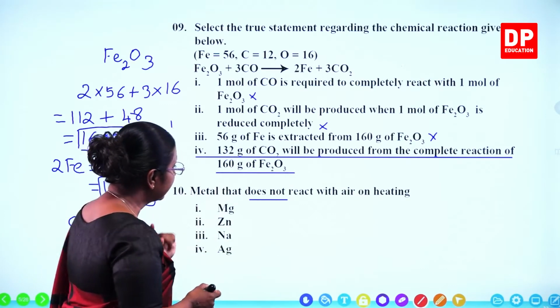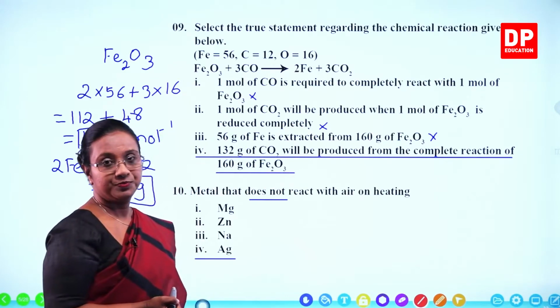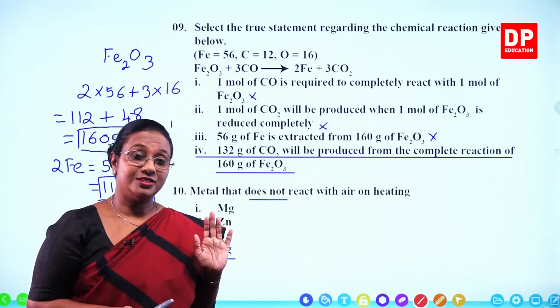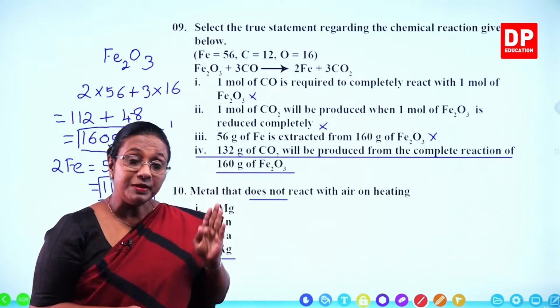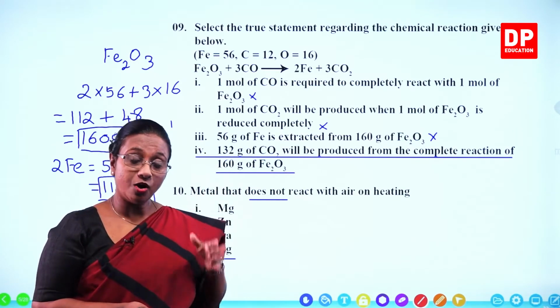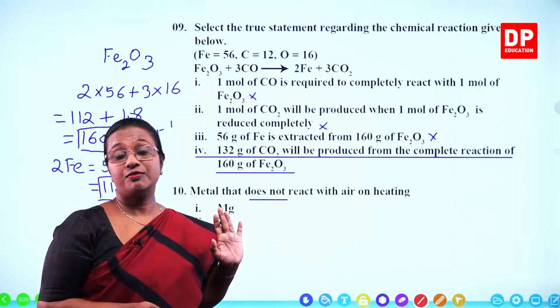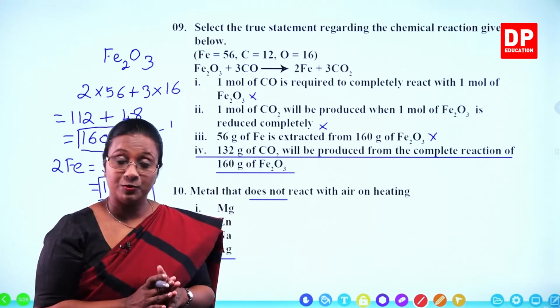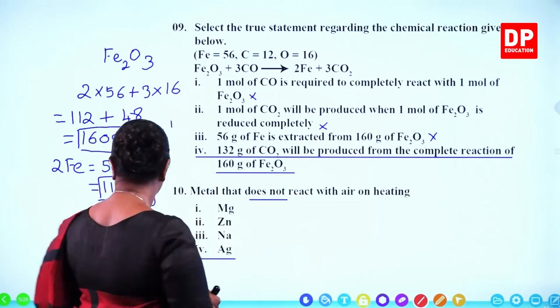So the metal that does not react with air on heating is silver. Is that clear, students? So you will have to always remember the metals in the activity series, their order, descending order of reactivity and all the different types of reactions that we have discussed before. So with that, I will move on to the next question.